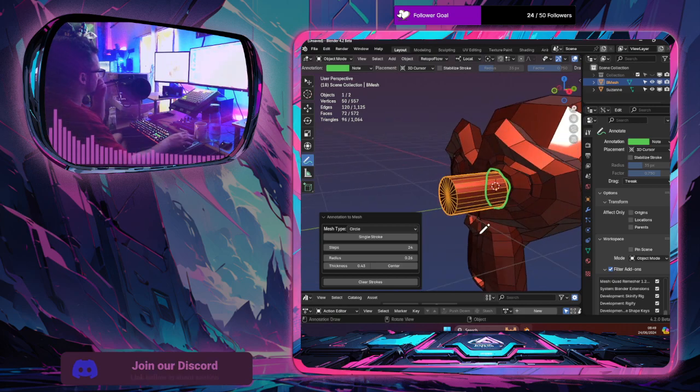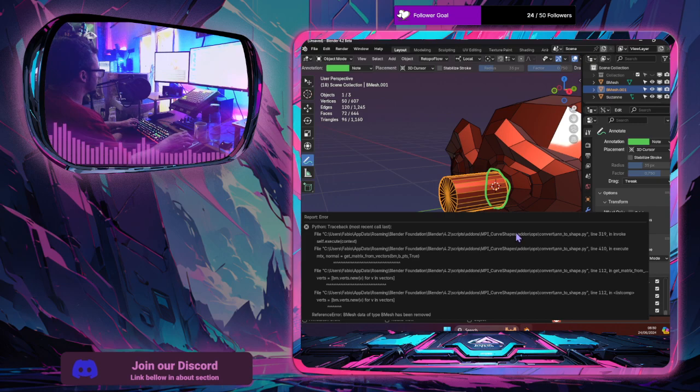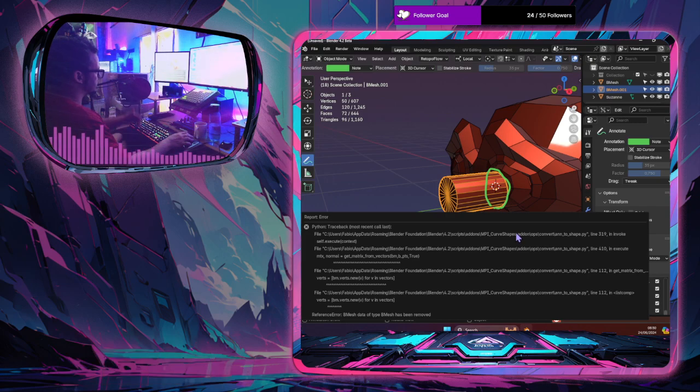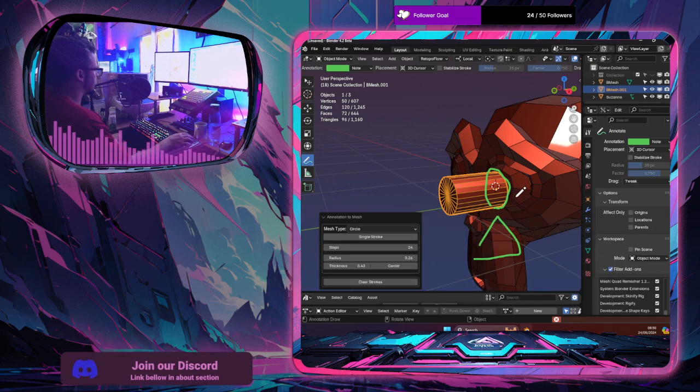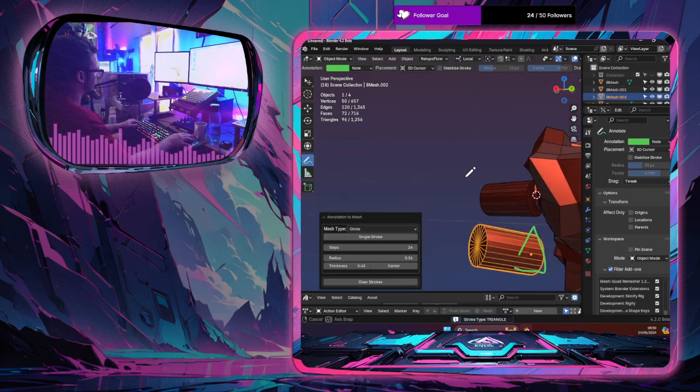Yeah, so that's kind of the goal with this. You're sculpting, you hold D, you draw a shape, and then you call annotation to mesh or whatever, and apparently you get an error. But this is because I haven't accommodated for more than one shape down in the code.